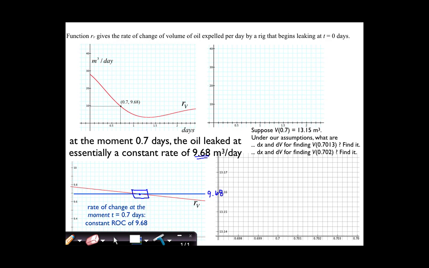So I could describe a function that applies to only this small section here that would describe the volume of oil being added a bit at a time, and describe it for a full, whatever, 0.001 day. And then have another one for a different 0.001 days, and have a lot of functions with slightly different rates.